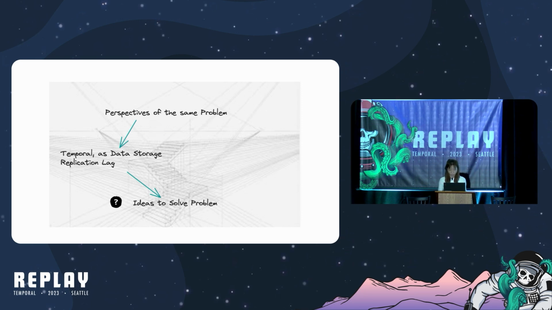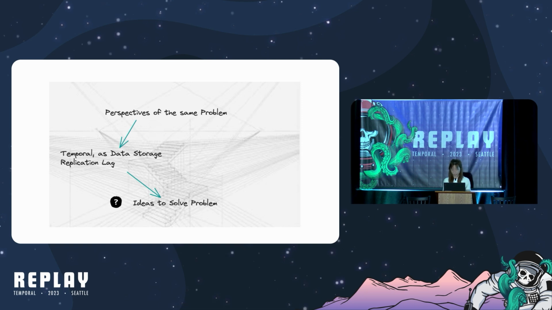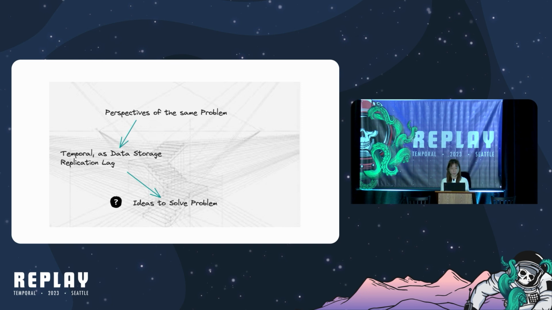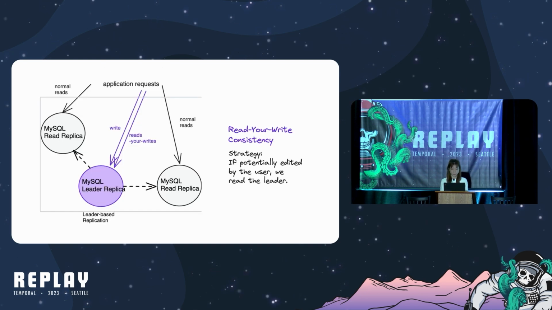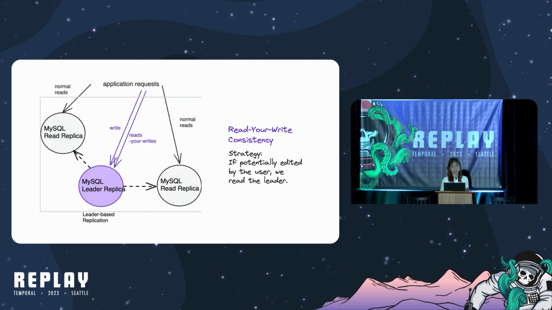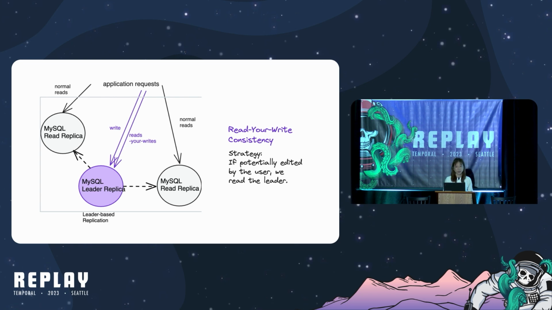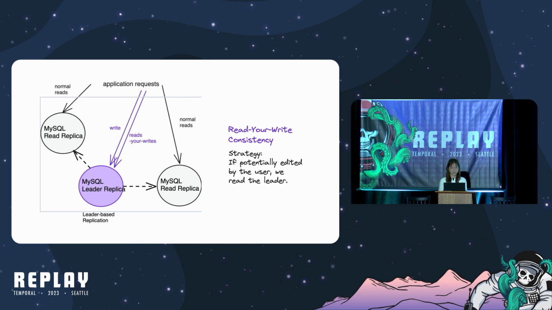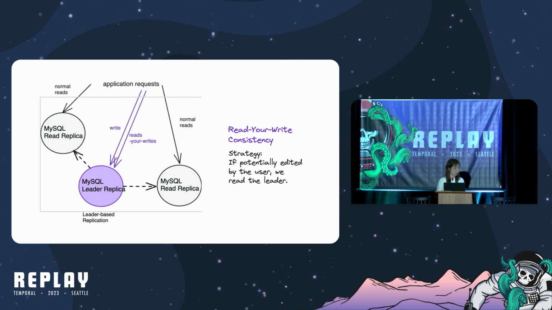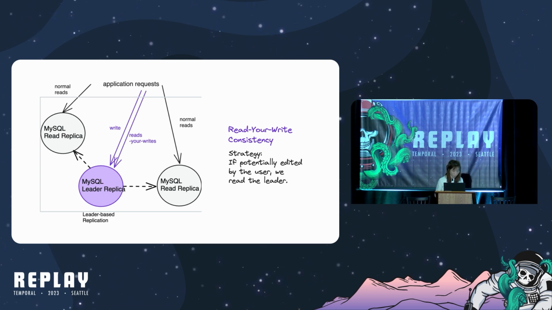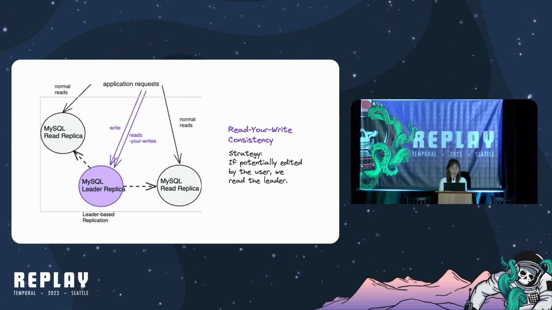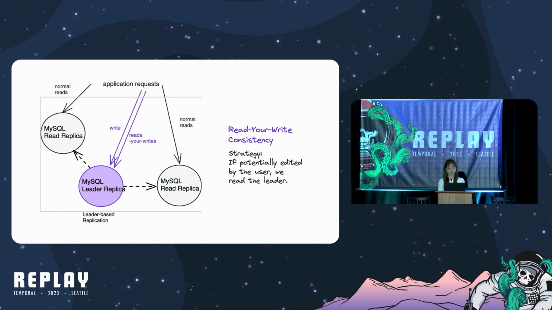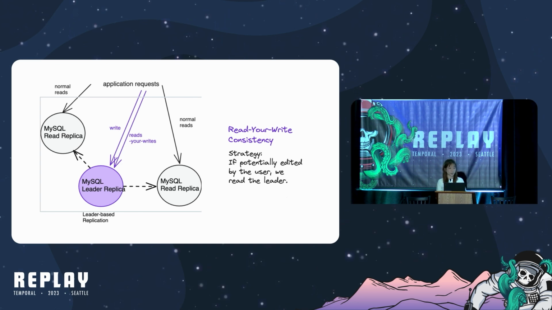If we view the problem in this way, we actually come to a comfort zone, because it is a typical problem with most database clusters. Here, we are dealing with a MySQL cluster comprising a single leader and two read replicas. To ensure read-write consistency in such a cluster, there is a common approach: if there's a possibility that the reads come from users that may just try to change the data, we read from the leader.